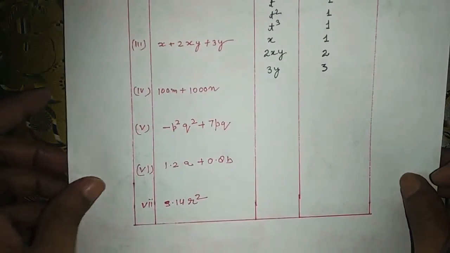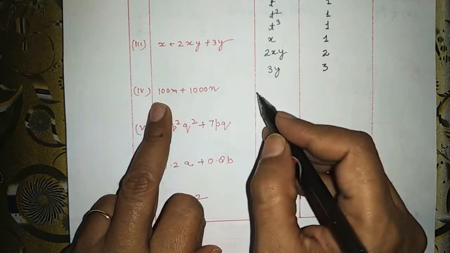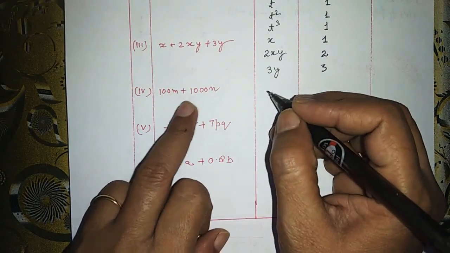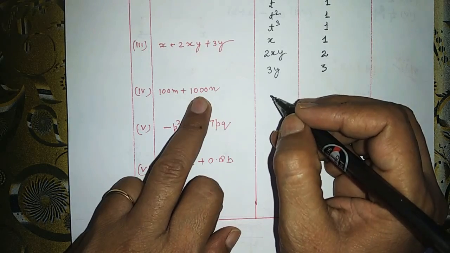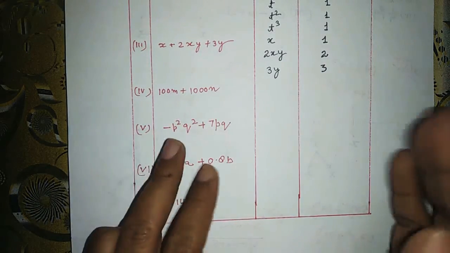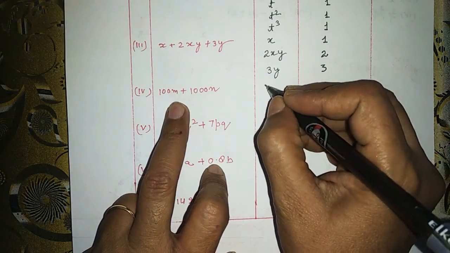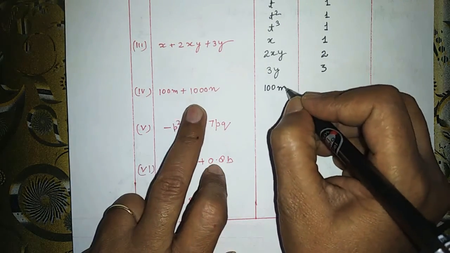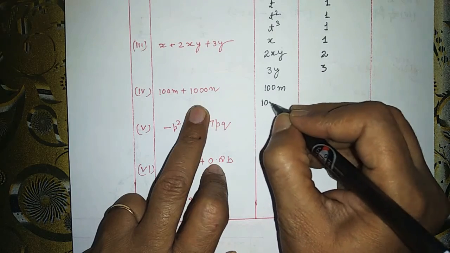Now let's see the fourth part. Here 100m and 1000m. In this expression you haven't got any constant term. So here first we will write 100m and then 1000m.